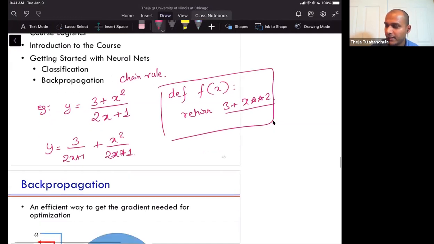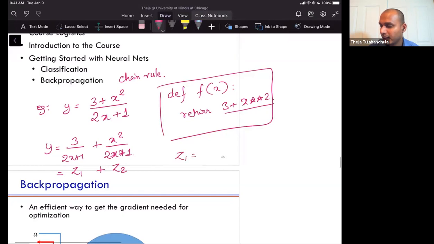Let me call these intermediate outputs z1 plus z2, where z1 is just 3 by 2x plus 1, and z2 is x squared divided by 2x plus 1.